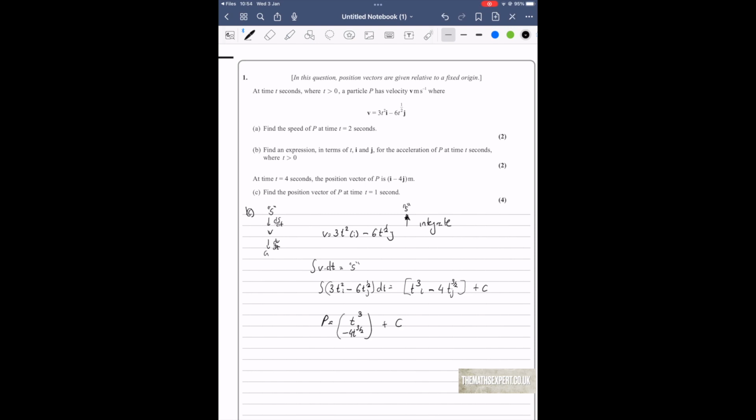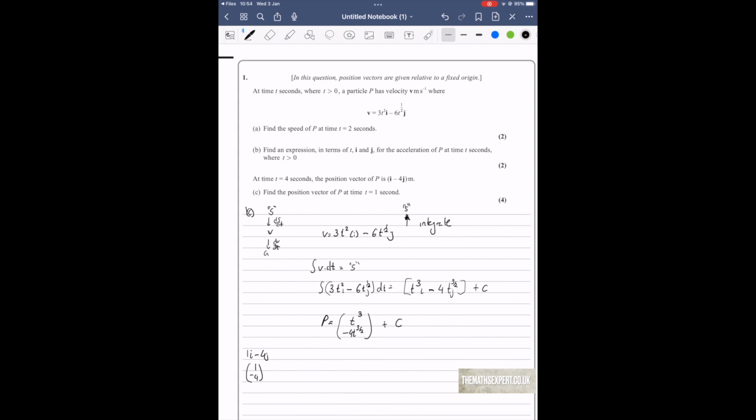Well, they said that at time t equals 4 seconds, the position vector is i minus 4j. We obviously know that, because there's an invisible 1 in front of the i, we can write it as 1, minus 4. And then we're going to go back into here and put it into P, because they said that the position vector of P at t equals 4 seconds is i minus 4j.